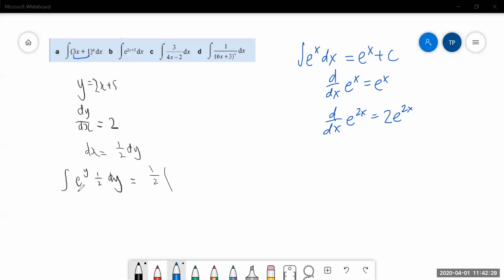But in this case right now, you only have e to the power of y, so it should still remain the same. This is right. Yes, correct.